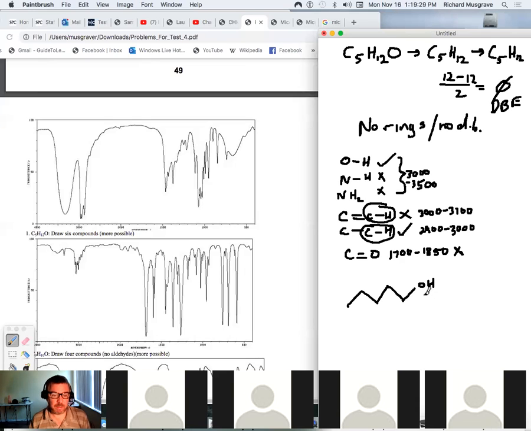I'm looking for 6 possible compounds that would fit this. That's one of them. Let's just move the OH along the chain. Nothing wrong with that. Now I can't move it here because that would be the same. So I've come up with 3 so far. I need to come up with 6.